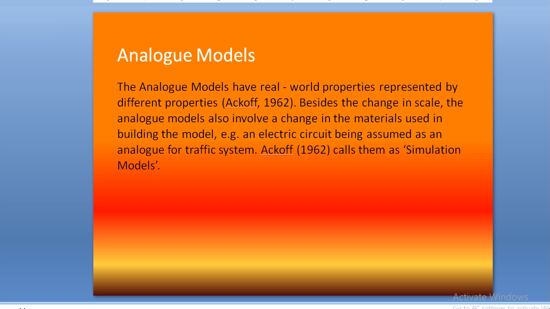For example, those that draw on certain well-established relationships in physics. The gravity model is a good example of this type. It is based on the physical observation that the attractive force between two bodies is proportional to the product of their masses divided by the square of the distance between them.